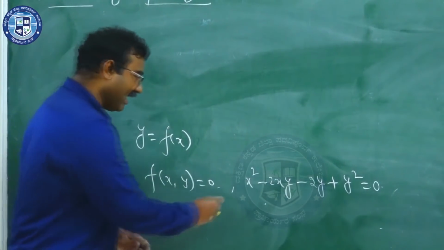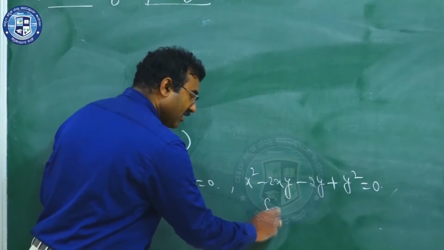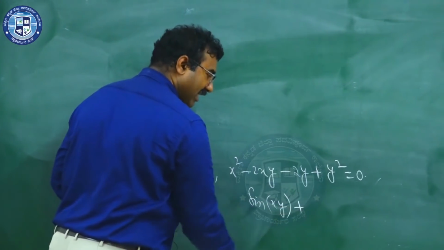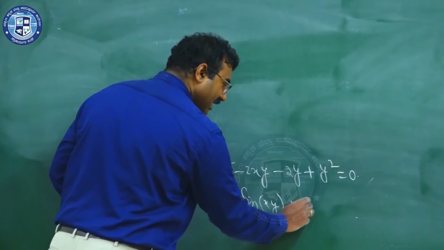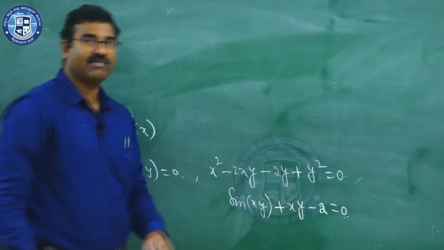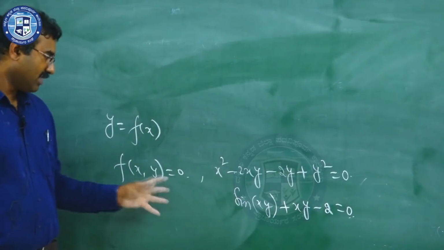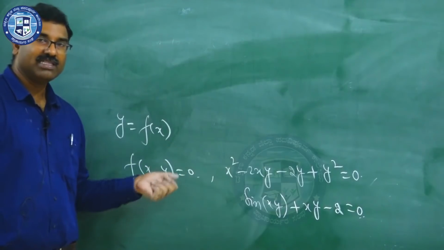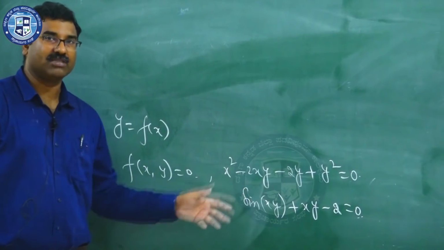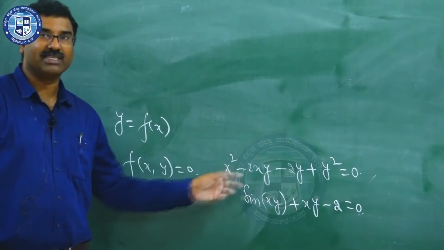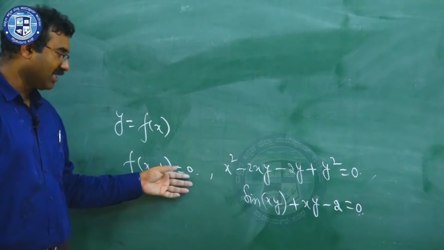Or otherwise something like sin xy plus xy minus 2 is equal to 0, like that. So, they are not giving y in terms of x straight away, they are giving by a relation. That means the relation between x and y, they will give it here. F of xy is equal to 0 format.